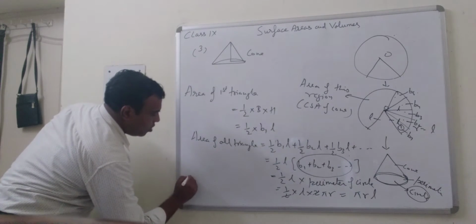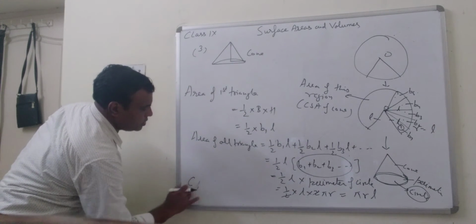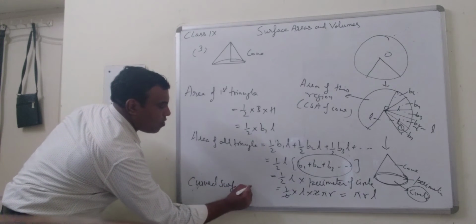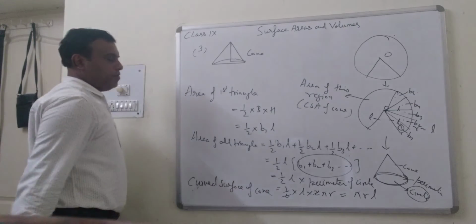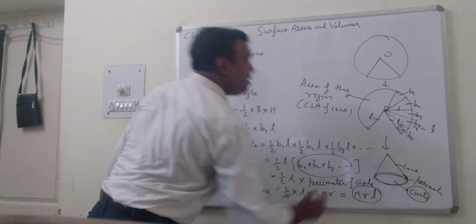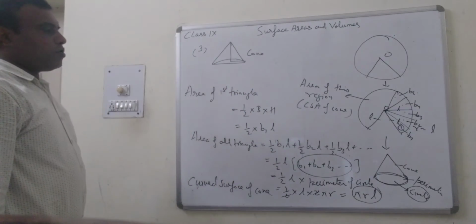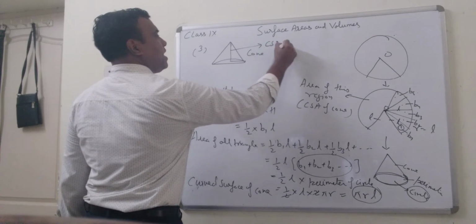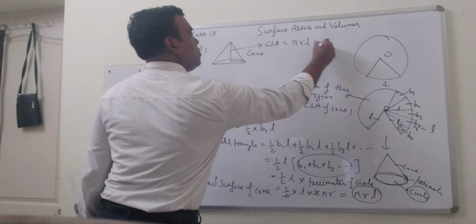This is also called the curved surface area of the cone. Curved surface area of the cone is pi r L. Now we have to find the total surface area of the cone. The CSA is pi r L square unit.